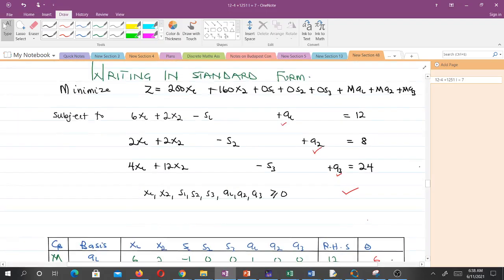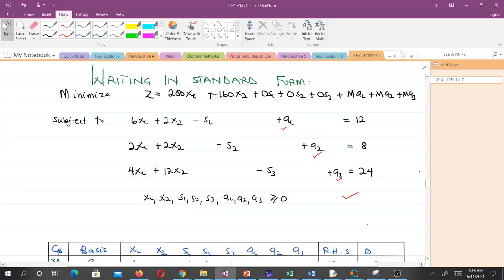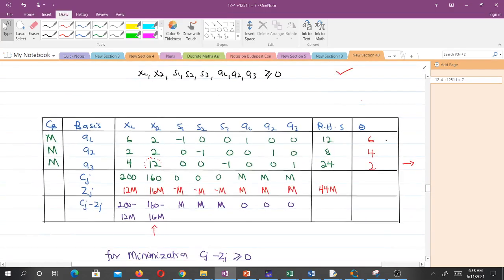Now because we've been able to write it in standard form, we can initialize our simplex tableau. So there's a table for it. We have the CB, which is the coefficient of the basis in the objective function. Then we have the basis, then our x1 to e3, the right hand side, and our theta, which we are going to use to compute the minimum ratio test.